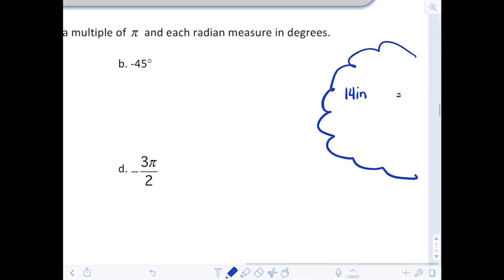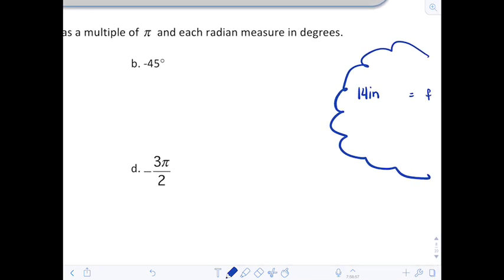So if I want to convert 14 inches to feet, I would multiply by a unit conversion where I would have the same amount represented in the numerator and denominator, but in different units. I know that there are 12 inches in every 1 foot.